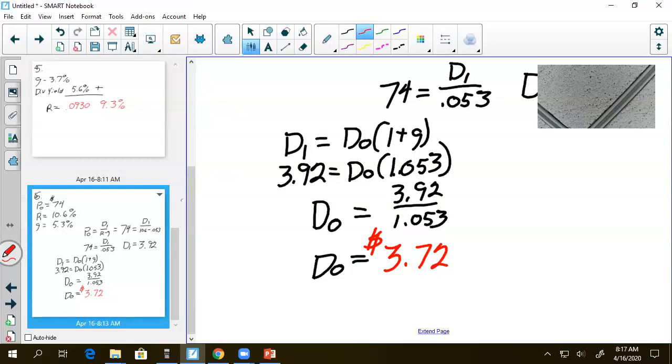I would have 3.92 and 3.72 on there for you, that way you get something that's on the paper, right? Cool. Everybody good? Okay, let's move on.